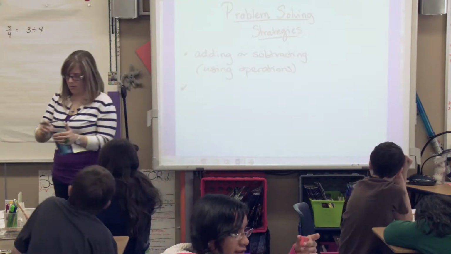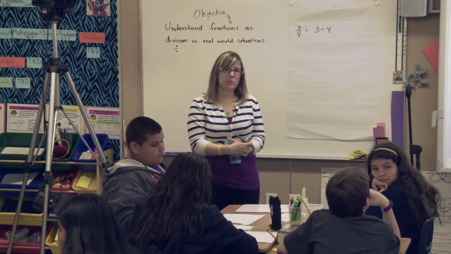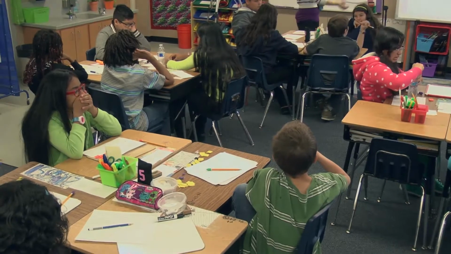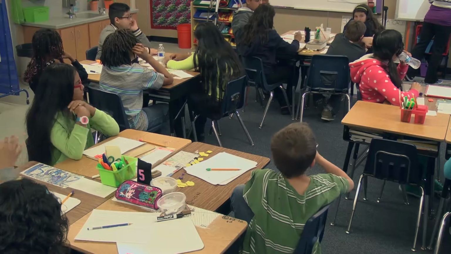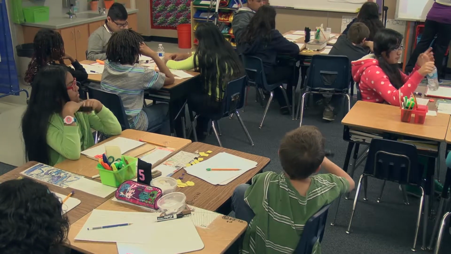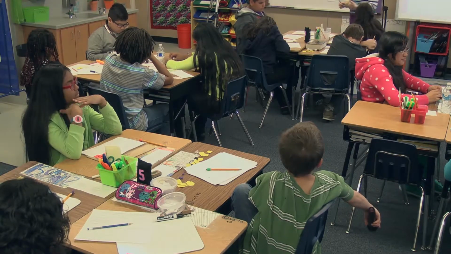Okay, let's hear from some of our other students. JJ, what are some other problem-solving strategies we could use? Dividing. Okay, so that'll go with our operations. Maybe you're going to divide or multiply. Again, using our operations.